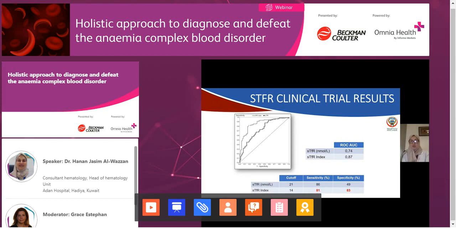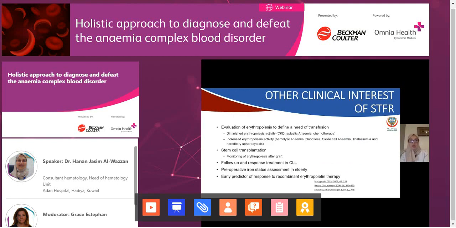It can be used clinically for establishing iron deficiency anemia in the presence of chronic inflammation, since the serum transferrin receptor is not an acute phase reactant and is not affected by inflammation.